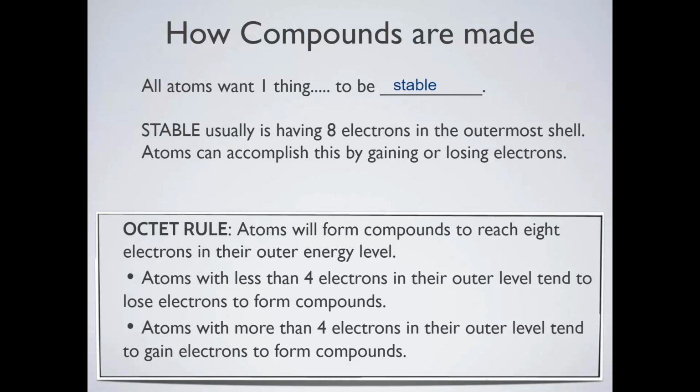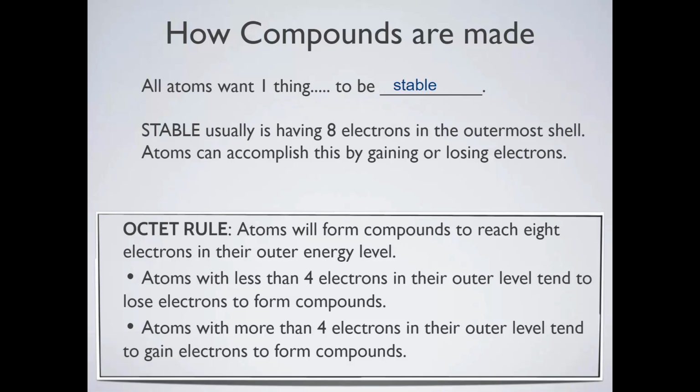You'll probably say, well, what we learned in 8th grade wasn't really 100% correct. We're simplifying things a lot. So usually what it means to be stable is to have a full outer shell of electrons. And for most atoms, that means 8 in the outer shell. Most of the energy levels are full when they contain 8 electrons.